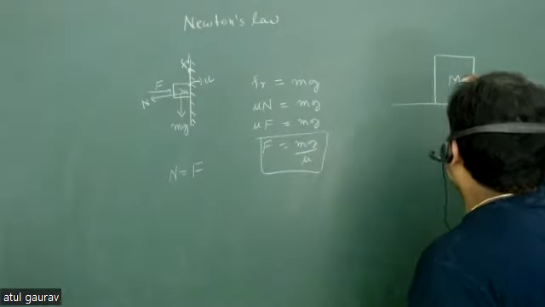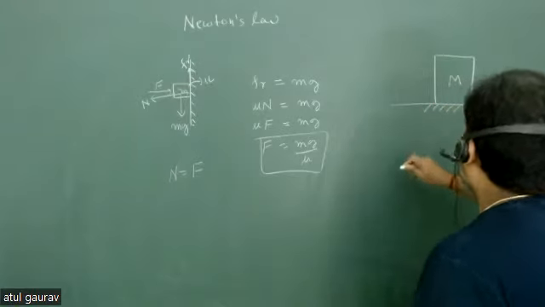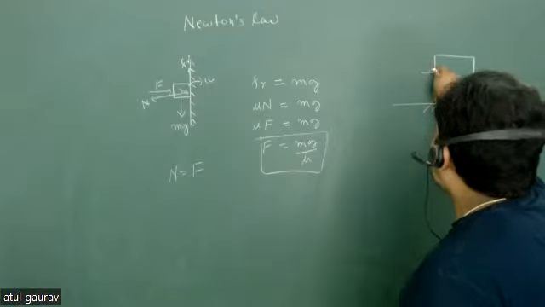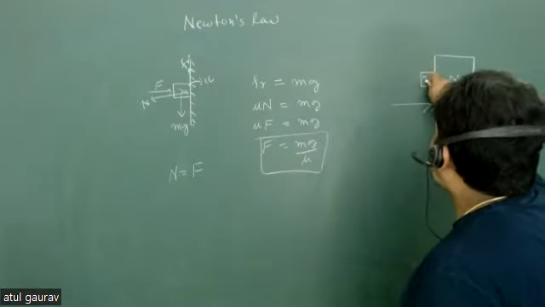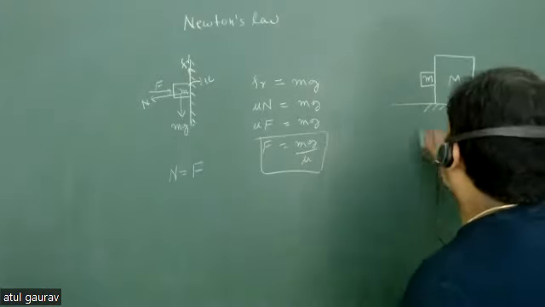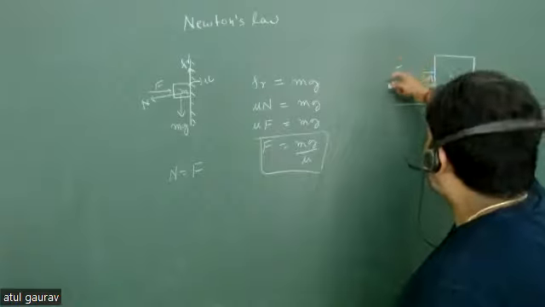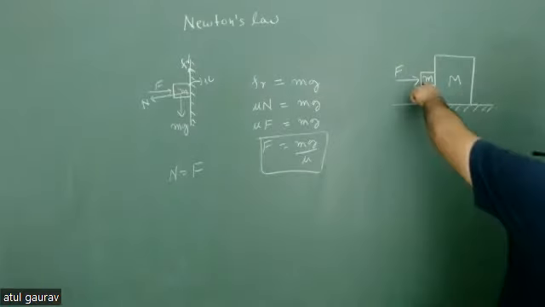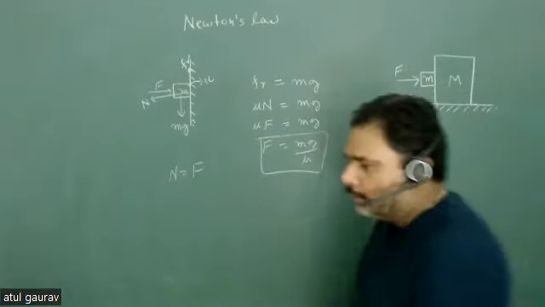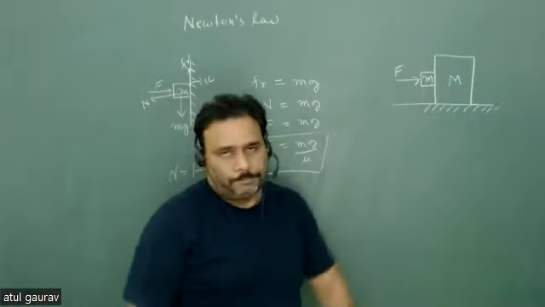So this is some mass M, and this whole horizontal surface is frictionless. And what we have to do is go for a small mass m. And now my question is, what will be the minimum value of F such that this particle is not going to slide vertically with respect to capital M?